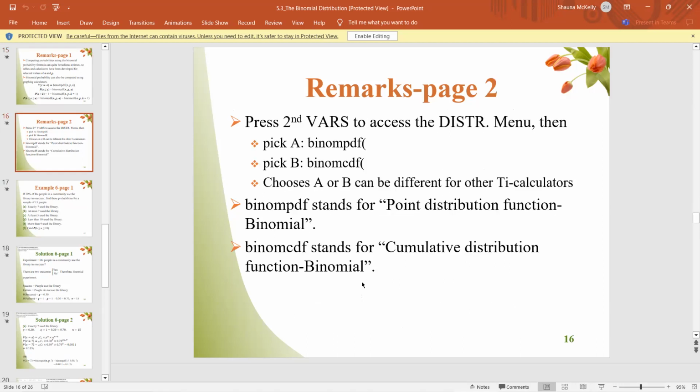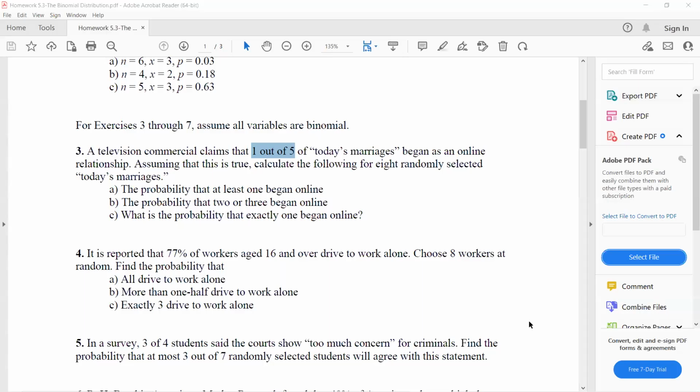So in this case, it says probability that at least one began online. So here our X is going to go basically from 1 to 7, and it includes 1.